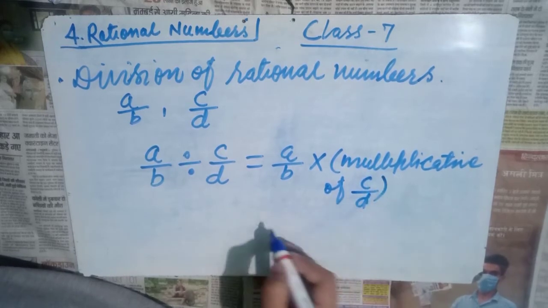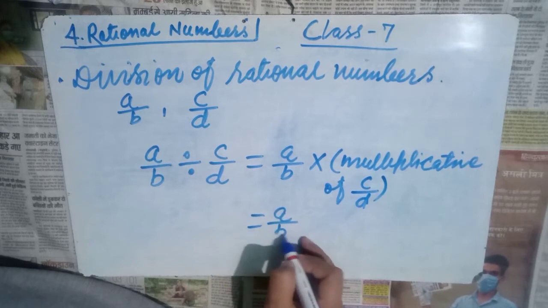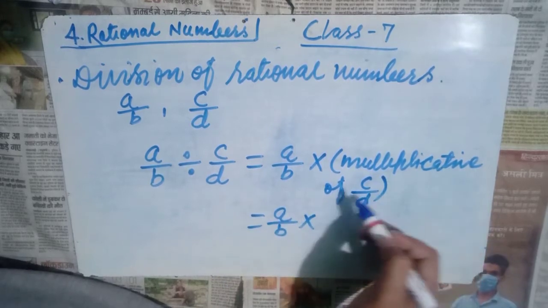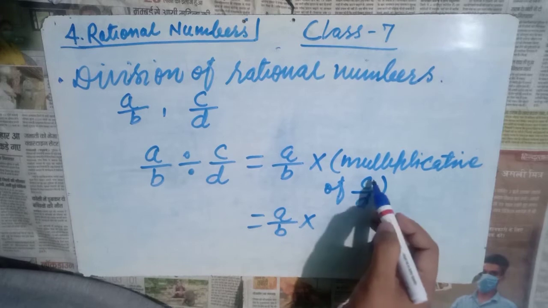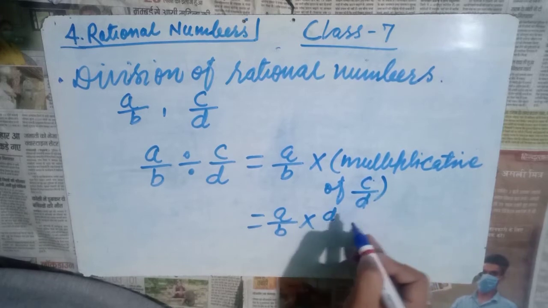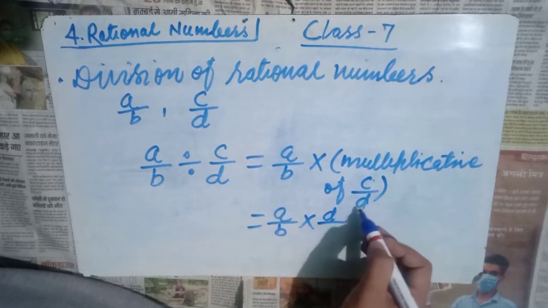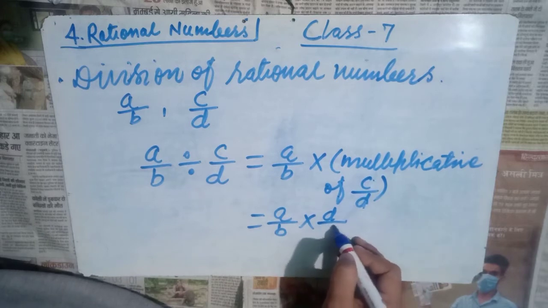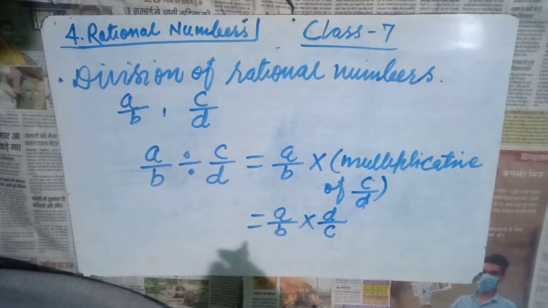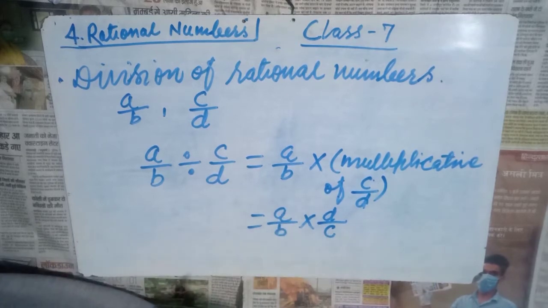That means c goes to the numerator and d goes to the denominator; we have to change numerator to denominator and denominator to numerator.